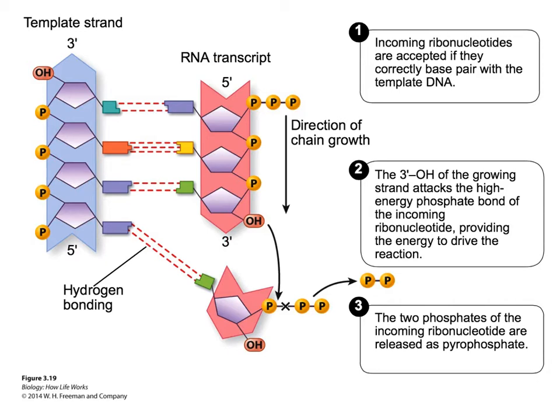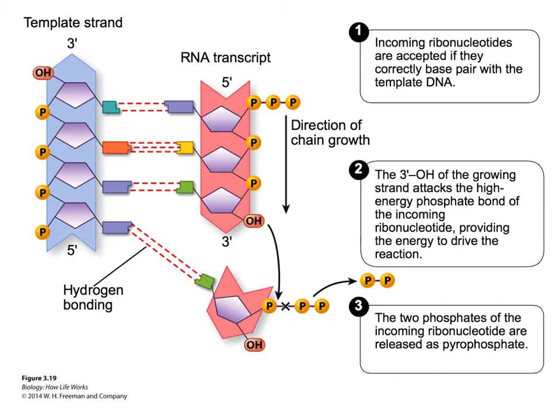So there are 3 phosphate groups on my new nucleoside coming in. We're going to cleave 2 of those phosphates off. This basically is providing the energy for the reaction to occur. And we're going to add this 5' phosphate at the 3' hydroxyl to make our phosphodiester bond.